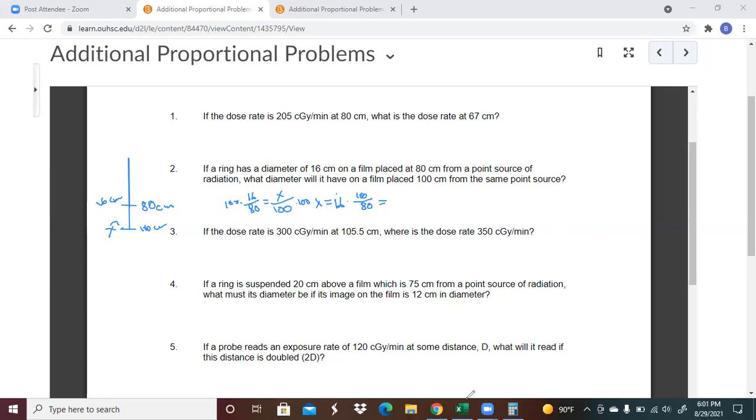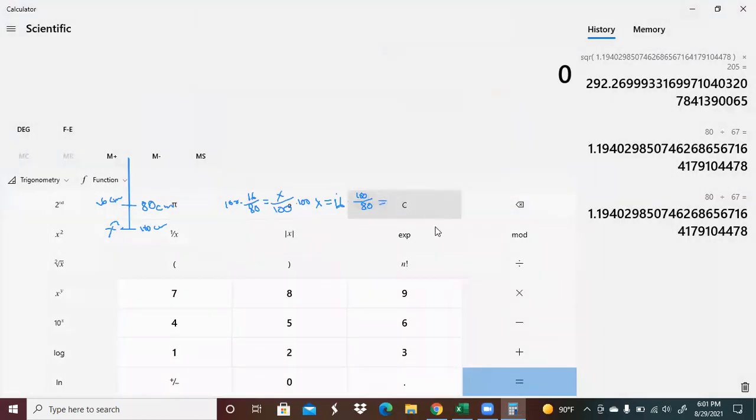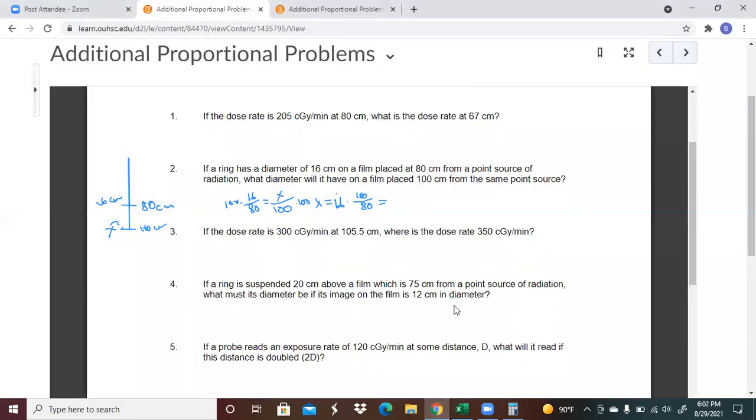Well, let's take a look. 20 cm in diameter.